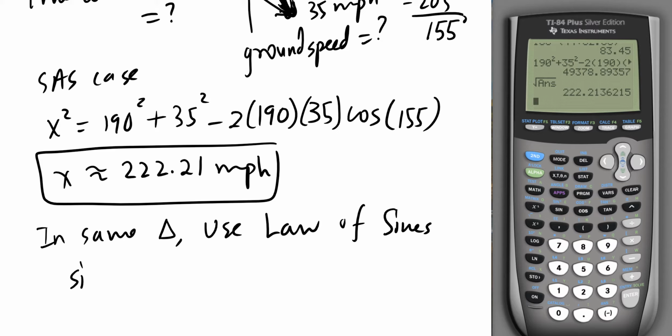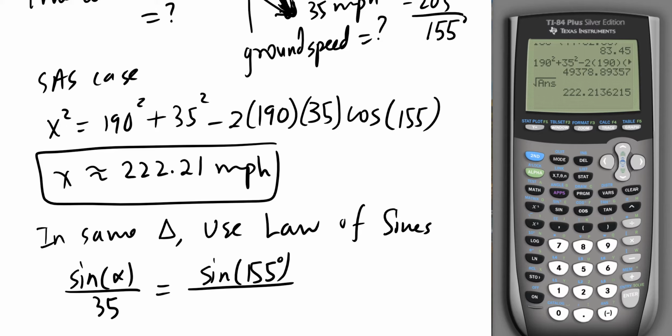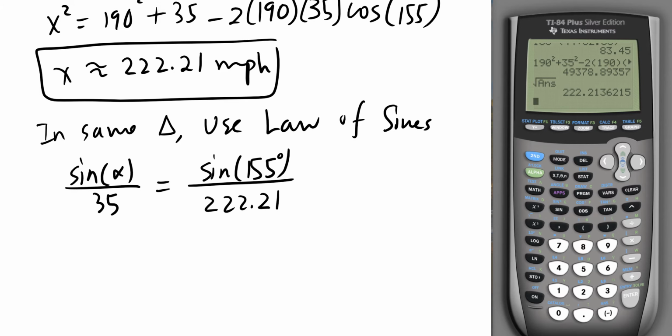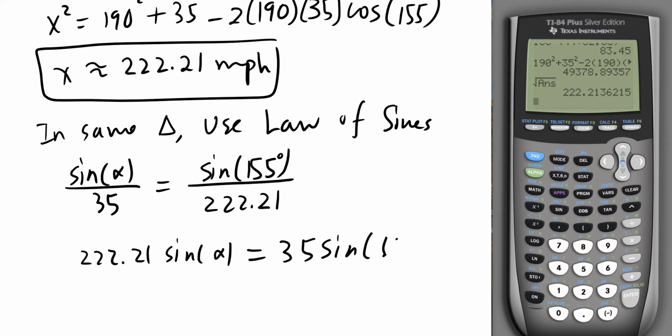So sine alpha, that's the one I'm looking for, over the side it's facing, which is 35, equals sine of the angle 155 that we found earlier over the side I just found, 222.21. And then we cross multiply. So 222.21 sine alpha equals 35 sine 155 degrees.